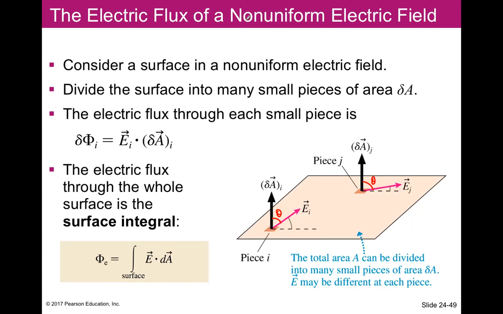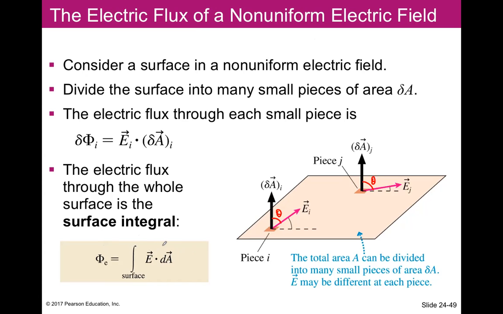For calculating a non-uniform electric field, what we need to do is a sum, or more accurately, an integral through the whole surface, which is E dot product dA. Both E and dA are vectors.